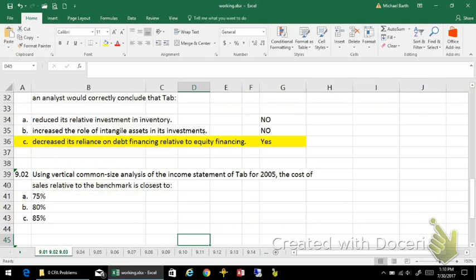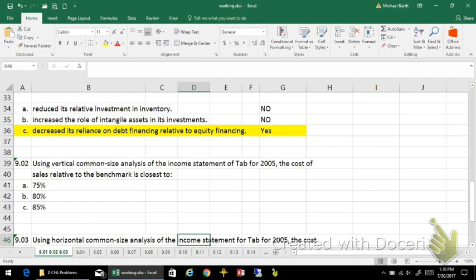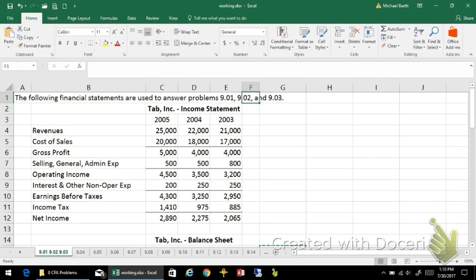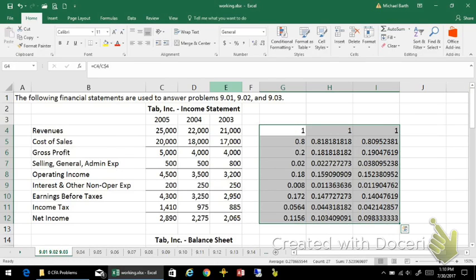Question 9.02, using vertical common size analysis for the income statement, the cost of sales relative to the benchmark is closest to. Okay. In a common size income statement, divide all the numbers in the income statement by total revenue, and what that does is render everything in here as a percent of sales or revenue.